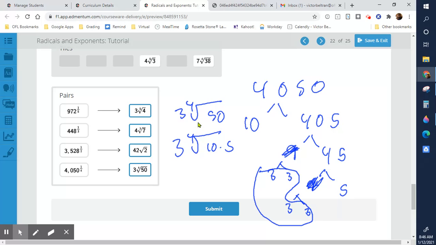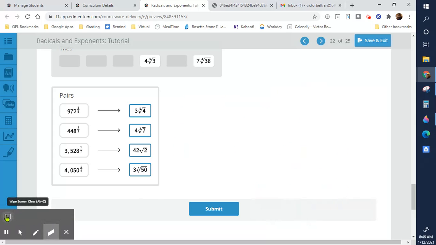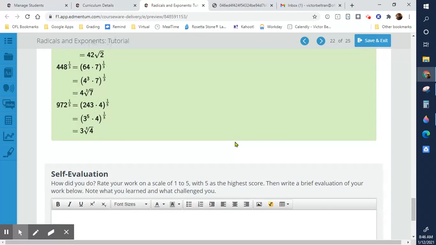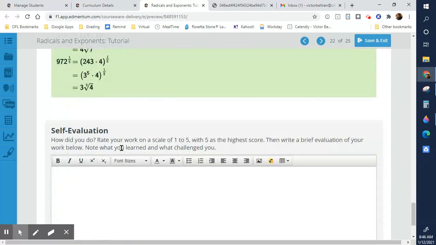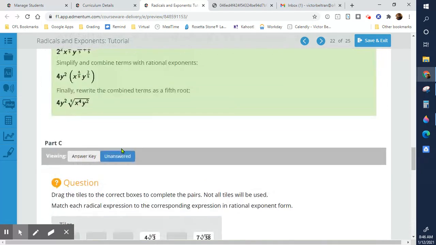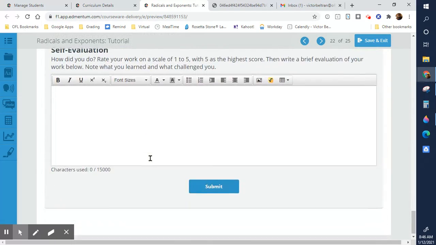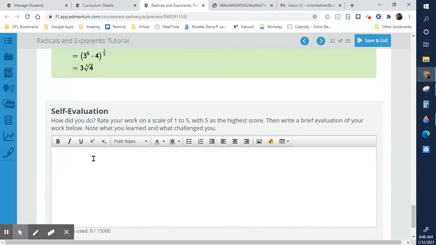So the self-evaluation, if you guys had a hard time with factor trees or understanding these, write that down. Write down anything you're having trouble with. Go back and really think about it. Don't just skip it. This is a good time for you to look at the work that they did and be like, I don't understand how they get these numbers.